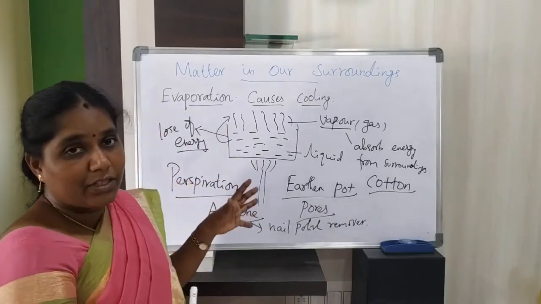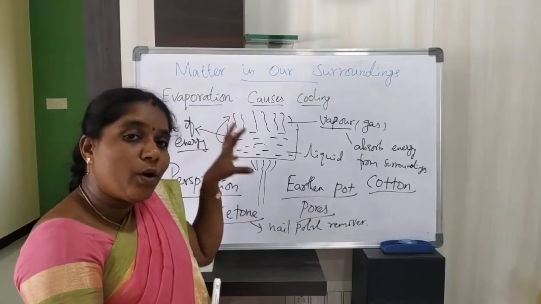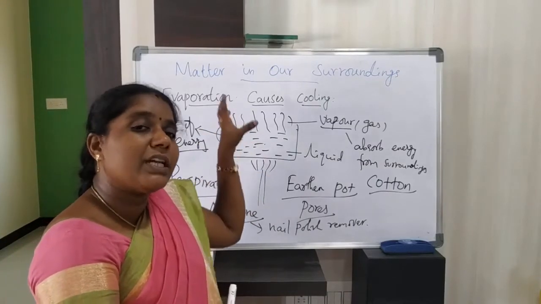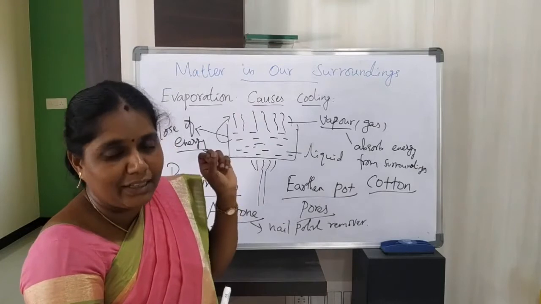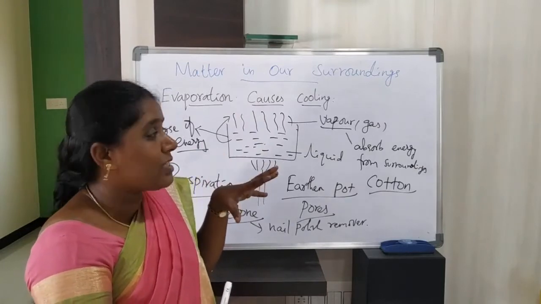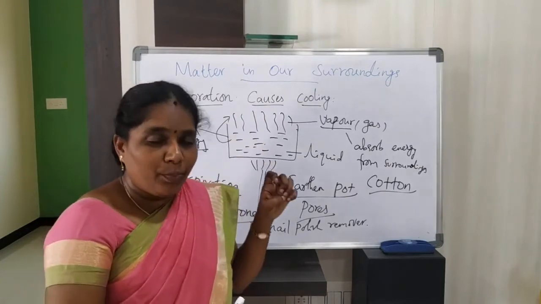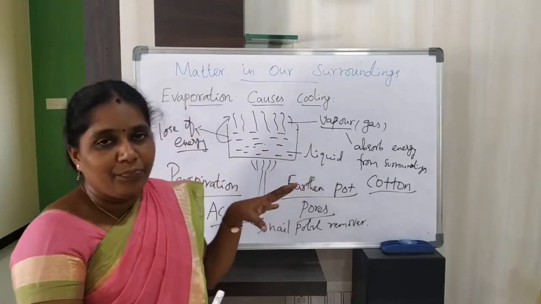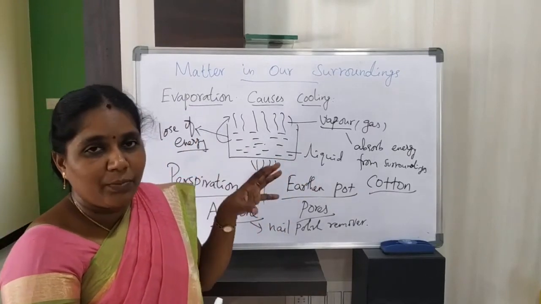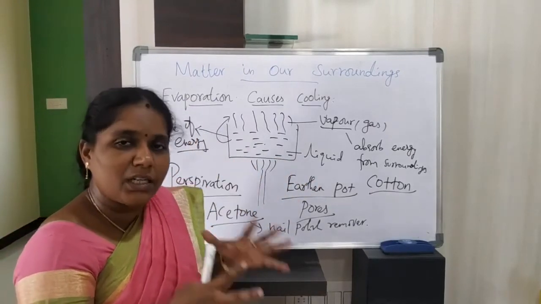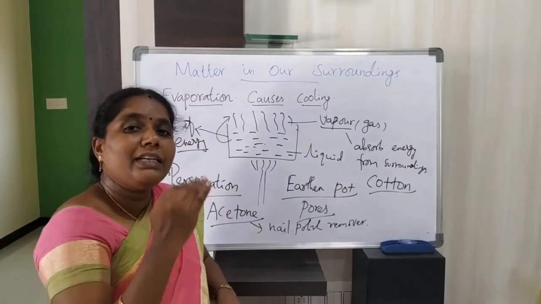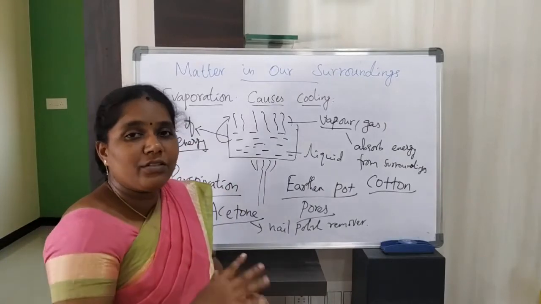After that, we have discussed the processes involved in the conversion of matter from one state to another. So what are the processes we have discussed? That is evaporation and boiling, and the slight difference between them, and we have discussed condensation also.